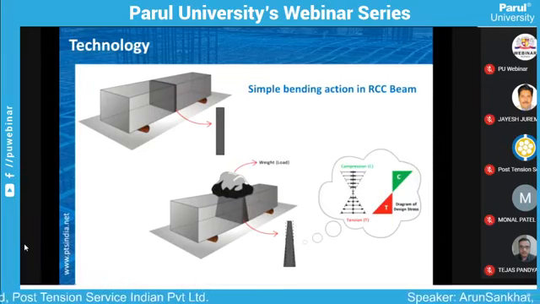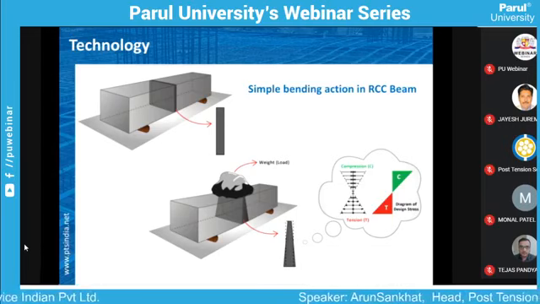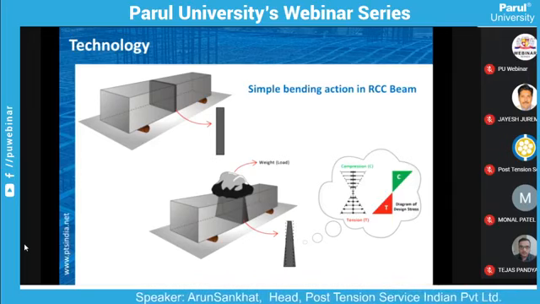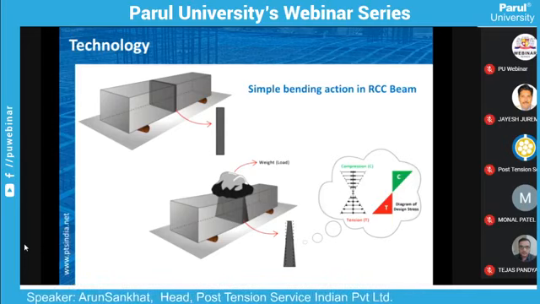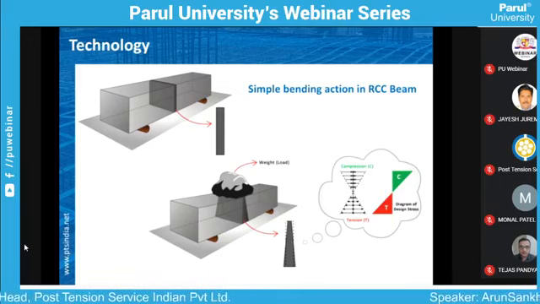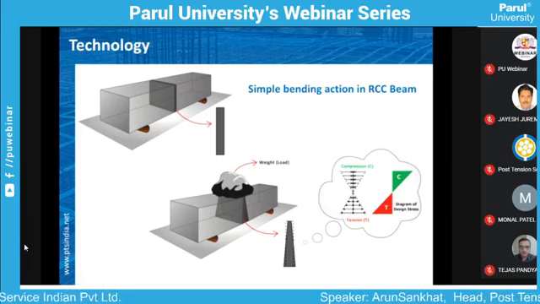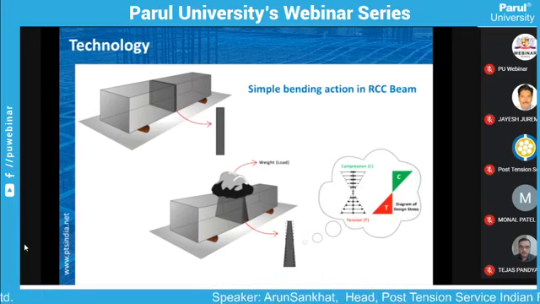So coming to the learning phase of college life, this could be the first example of applied mechanics, or maybe your stress analysis classes. It is a classical example of simple bending action in an RCC beam, wherein you have a beam supported on two supports.